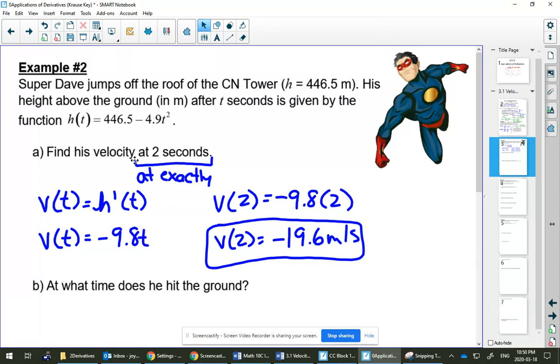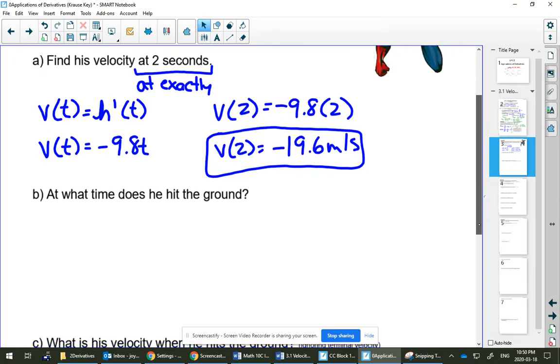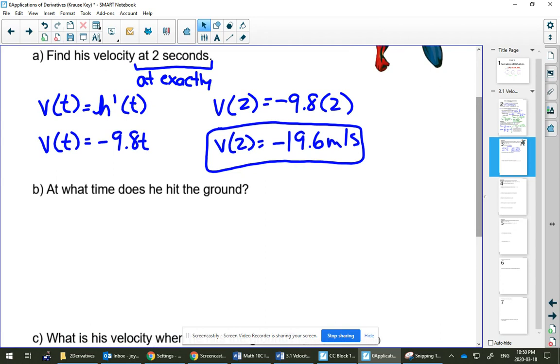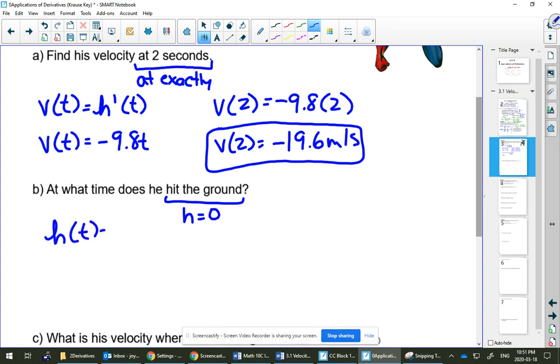Now, if we want to figure out the time at which Super Dave is going to hit the ground, we have to consider our, sorry, not our speed, but our height. When Super Dave hits the ground, his height above the ground is 0. So that's when h is going to equal 0. And we're talking about height, so that's when h of t is equal to 0.